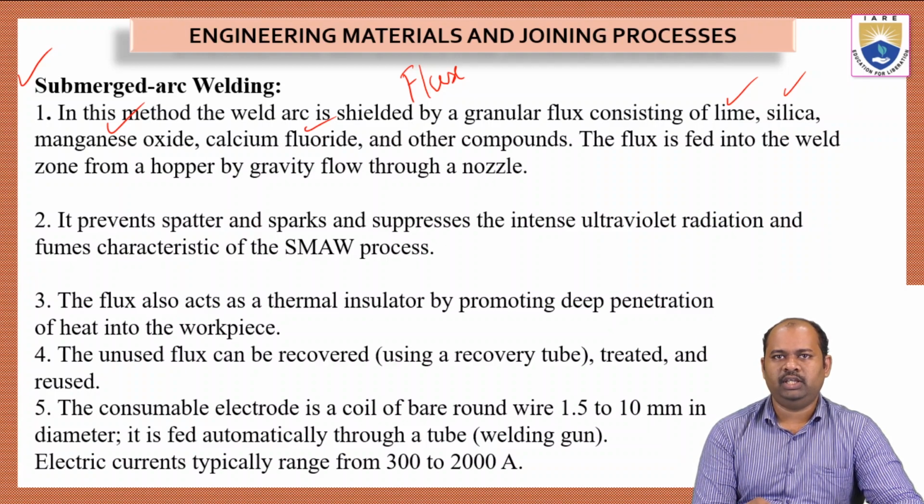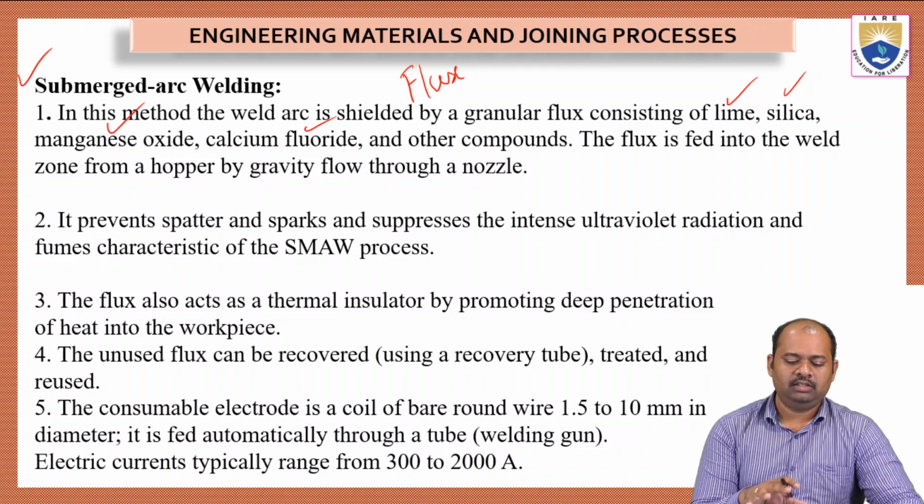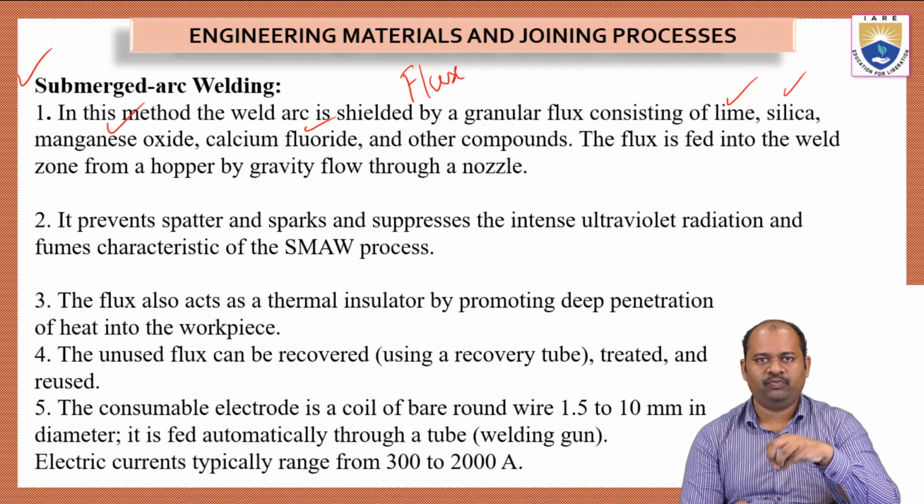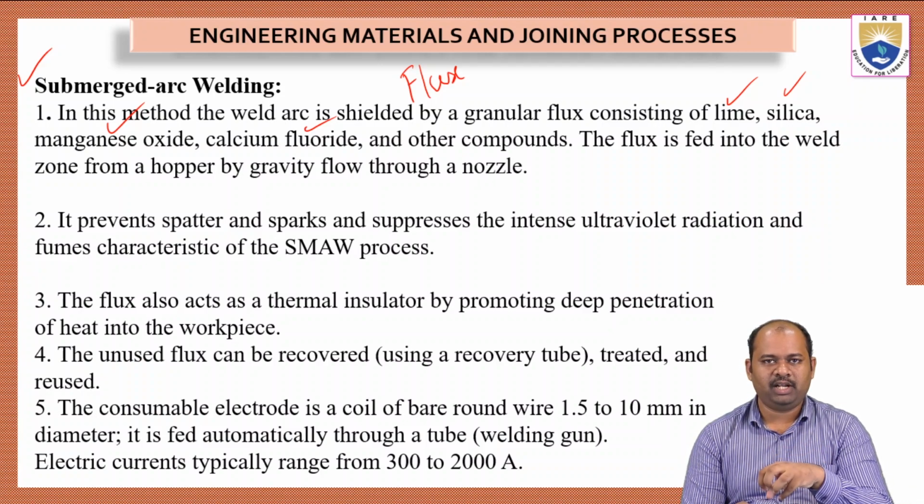Whenever we are doing SMAW, shielded metal arc welding, we have to experience ultraviolet sparks coming from the electric arc, and also some harmful gases will be emitted. All these gases and ultraviolet light can be prevented by the flux. So whenever we are doing welding, we have to flow the flux particles.